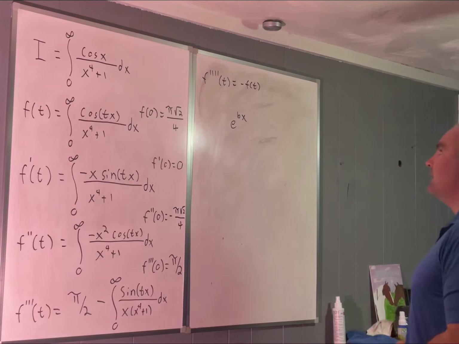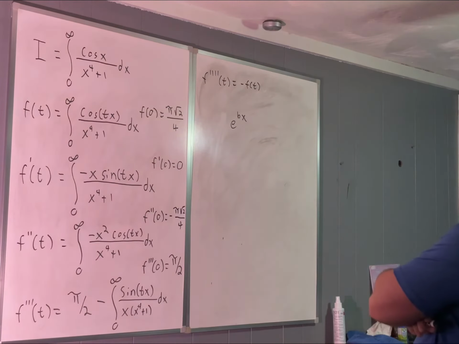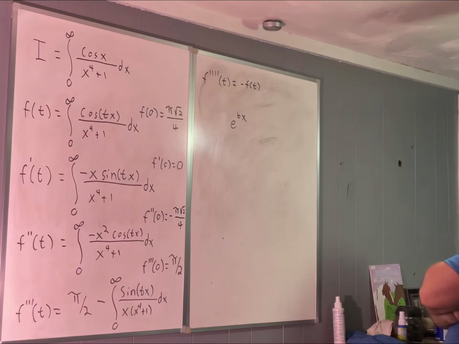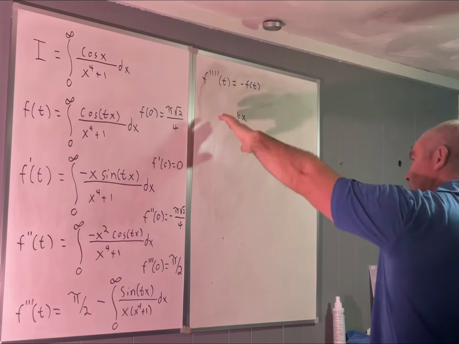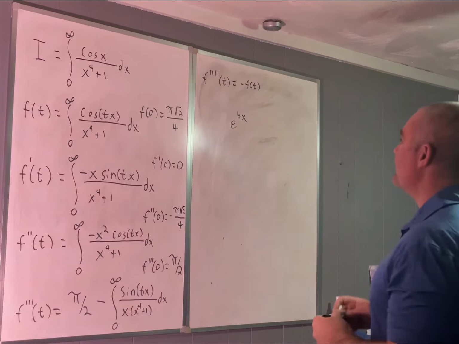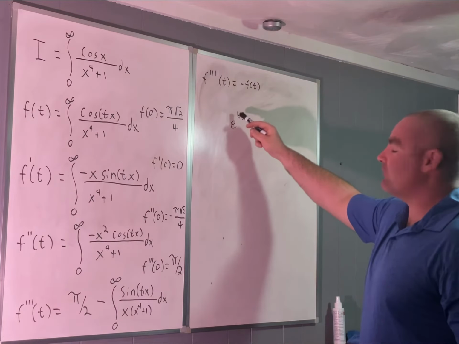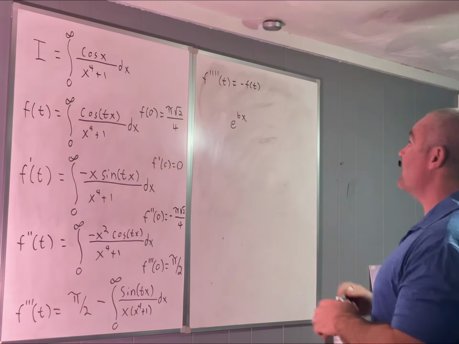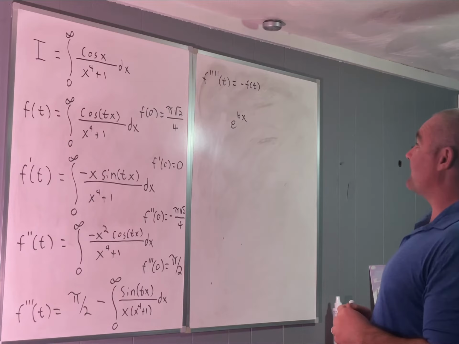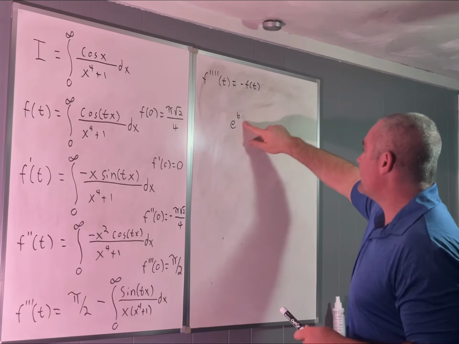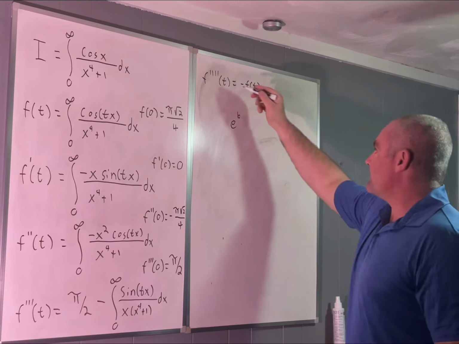So basically, we have this exponential that if we take 4 derivatives of it, we need to get back the negative of the original. Well, what happens when you take derivatives of an exponential is we would recover a factor of b every single time. So if we took 4 derivatives of that with respect to, you know what, this should be a t, I'm sorry, since we're using t up here.